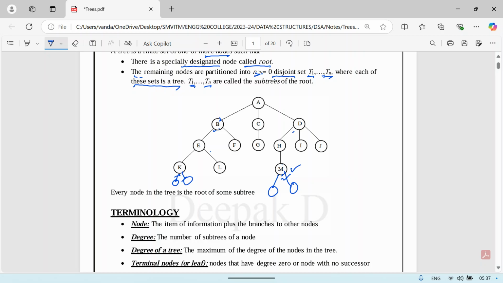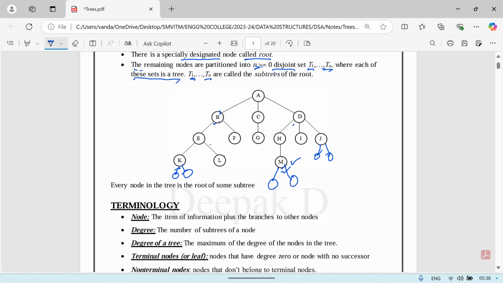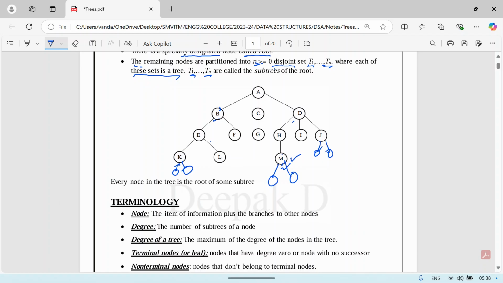These are nodes that have degree 0, or nodes with no successor. That is why they are called leaf nodes or terminal nodes. So you have to remember, leaf node means the nodes which do not have any child nodes, or whose successor is not present.